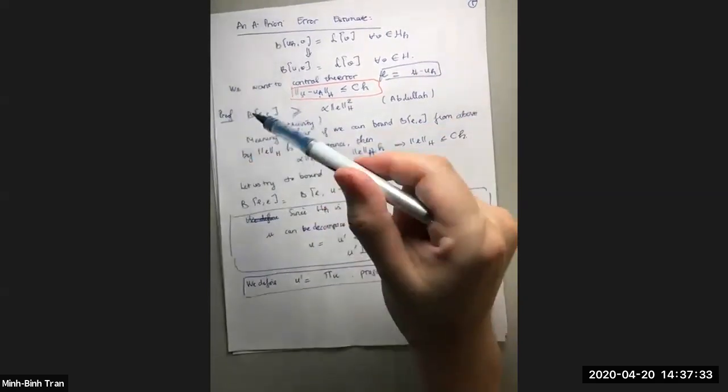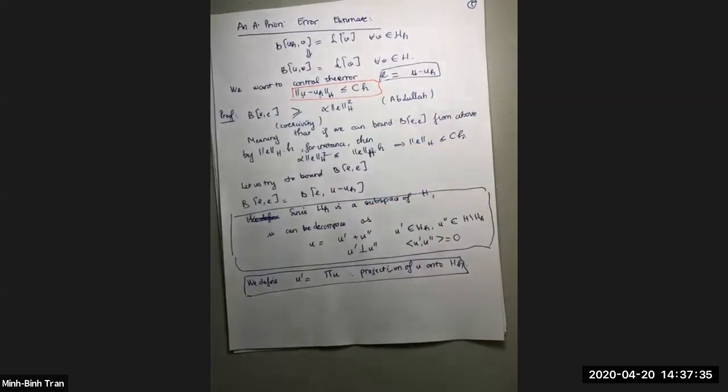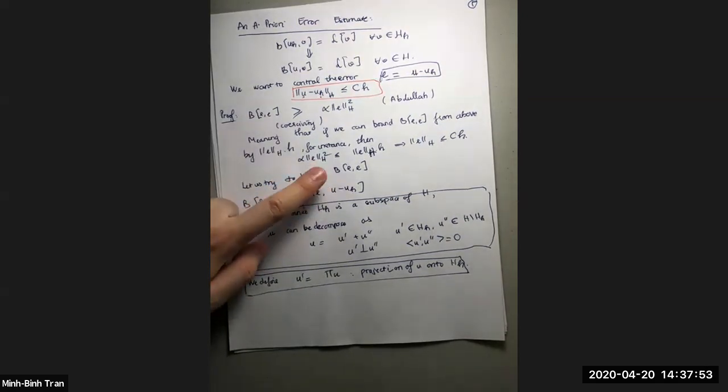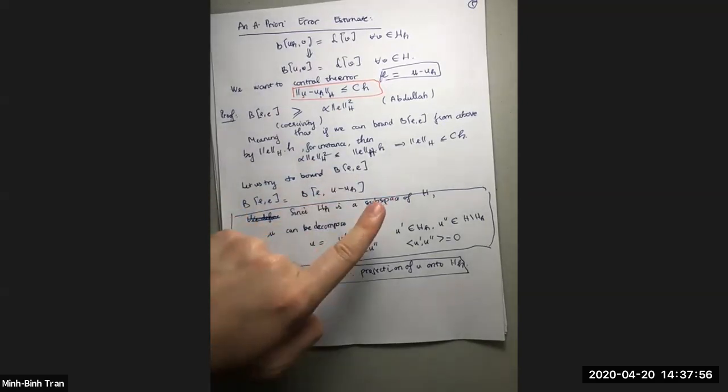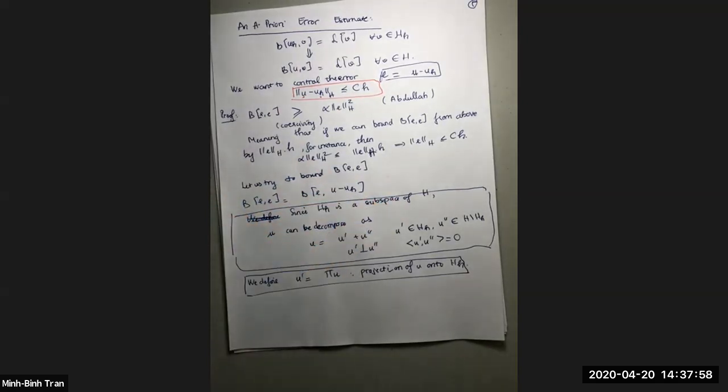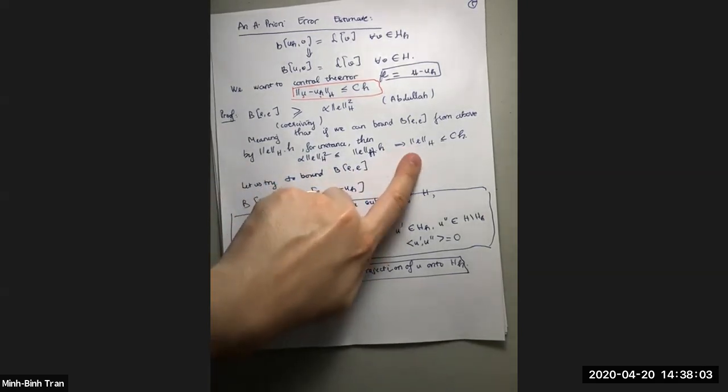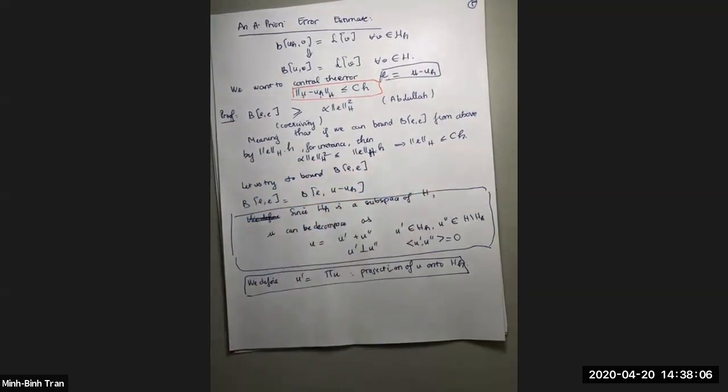We know that B of E, E is going to be bigger than alpha times the norm of E squared, and this is the coercivity of the operator B. This means that if you can bound B from above by norm E times a constant H, then you immediately have alpha times E squared is smaller than E times H, which means that E is smaller than H. Meaning that when you send H to 0, this error is going to be 0. This is what we want. All right. So now our goal is to bound B of E, E.